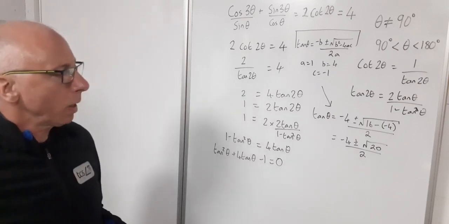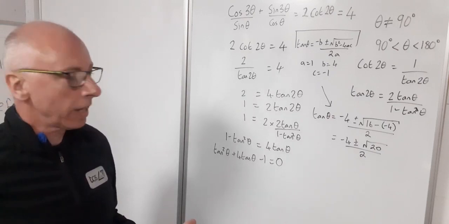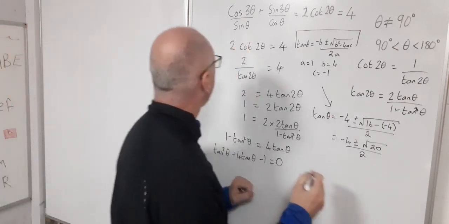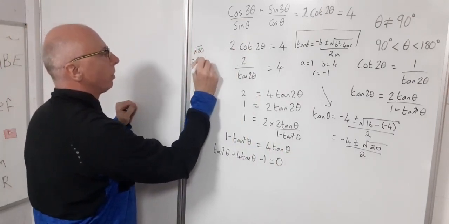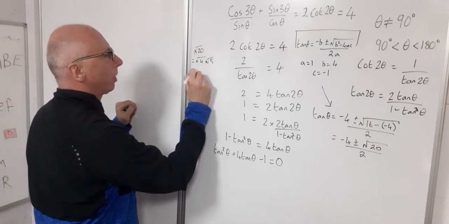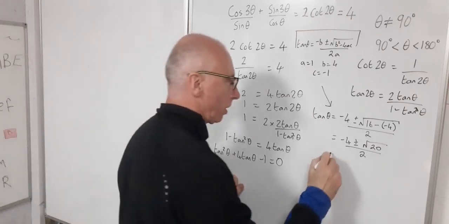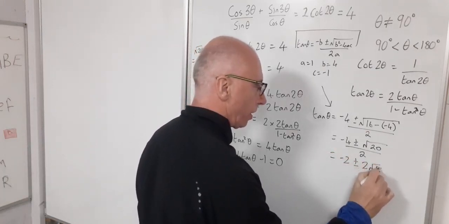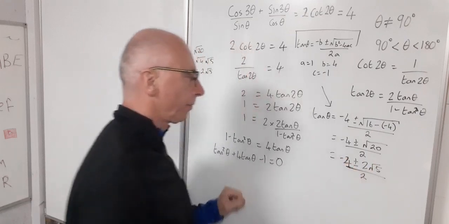Now, square root of 20, can we break that apart? Well, square root of 4 goes into that. So square root of 4 times square root of 5. So if I just write up here, root 20 equals root 4 root 5, which then equals 2 root 5. So now I've got minus 2 plus or minus 2 root 5, so that's minus 4 over 2.